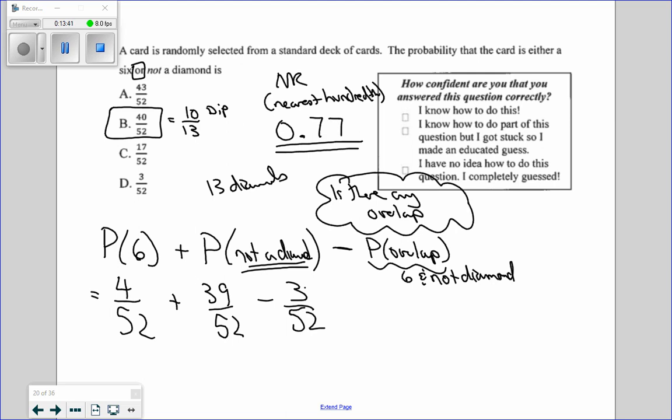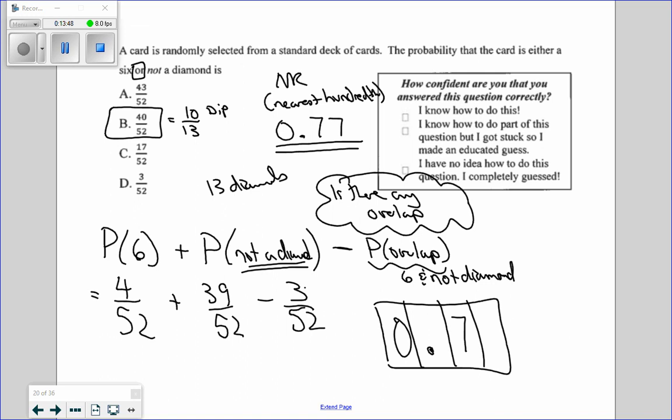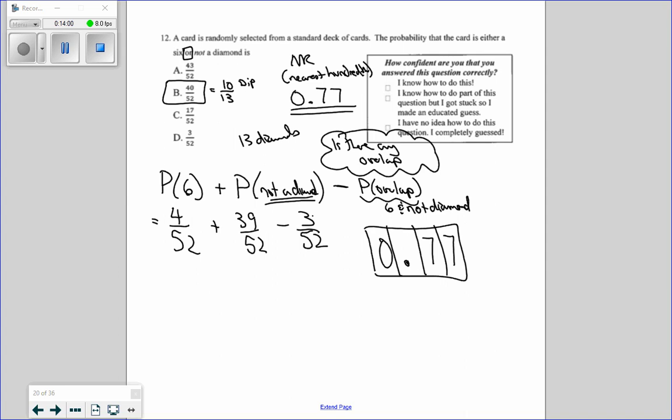Now, the way numeric response gets filled in, remember there's 4 boxes. So it's 0.77. You must have the 0 in the first box. If you just go 0.77, nope. These ones start with decimals, and then it goes 0, 0, 0, 0, 1, 1, 1, 1, 2, 2, 2, 2.